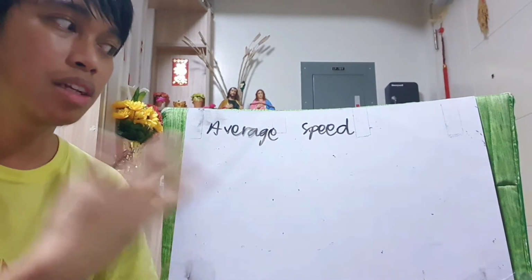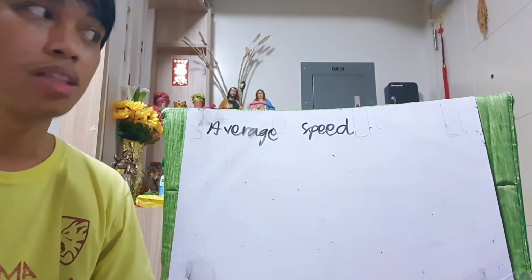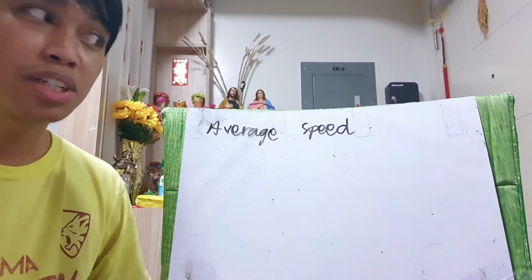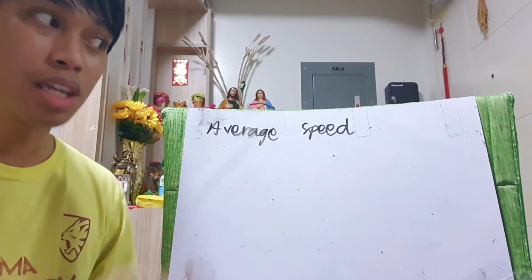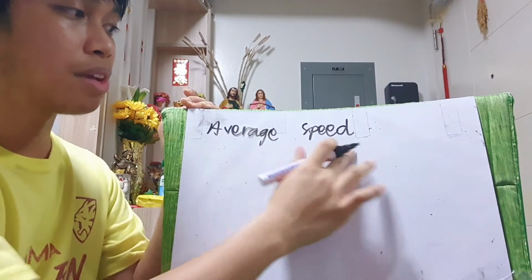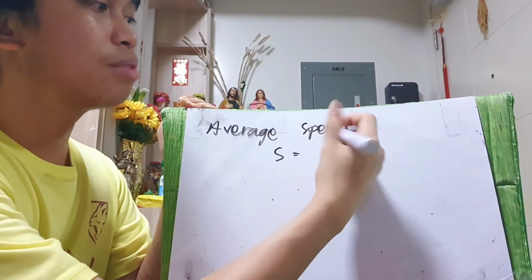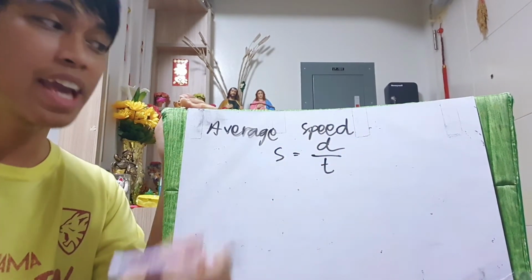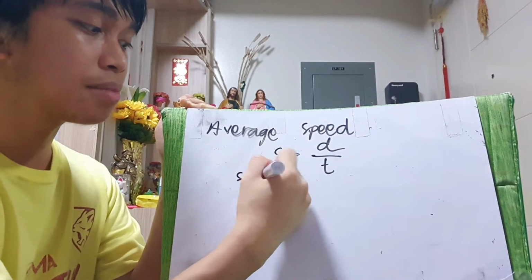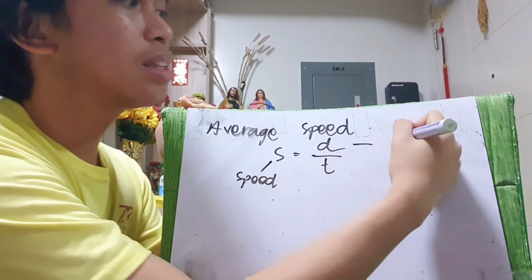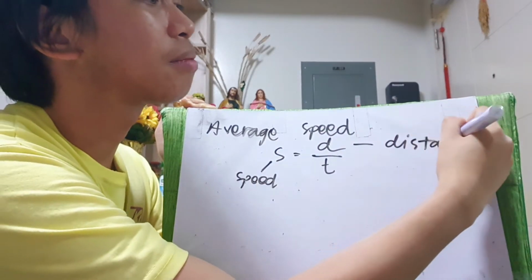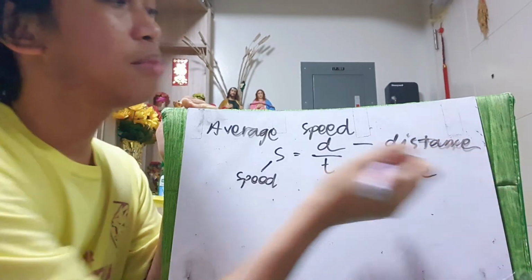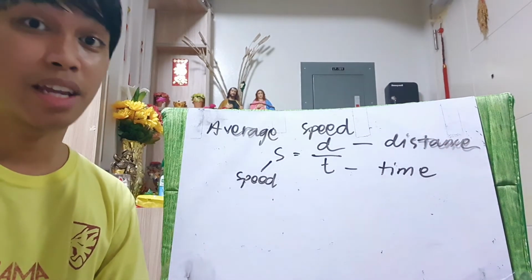Let us take the average speed. In order for us to know the average speed of a moving object, that is given by the formula S is equivalent to distance over time. S represents the speed, D the distance traveled, and T the time taken by the moving object.